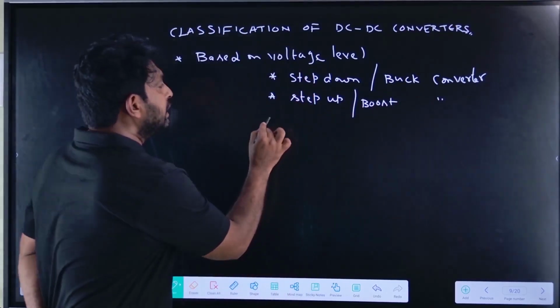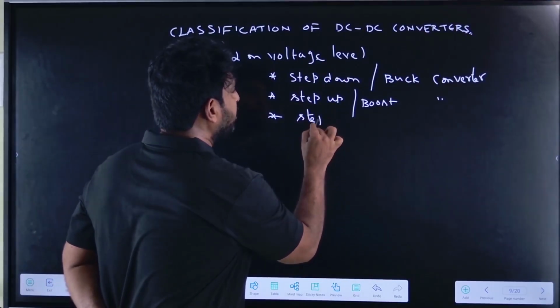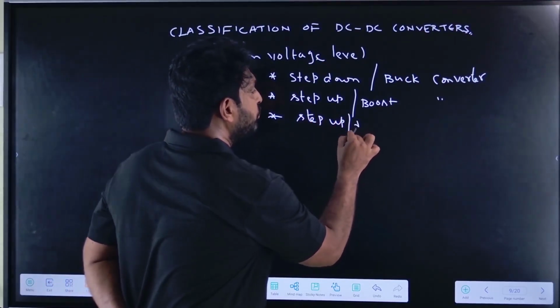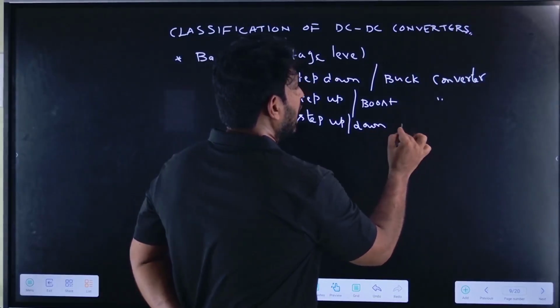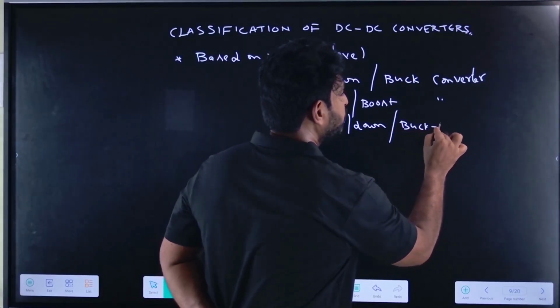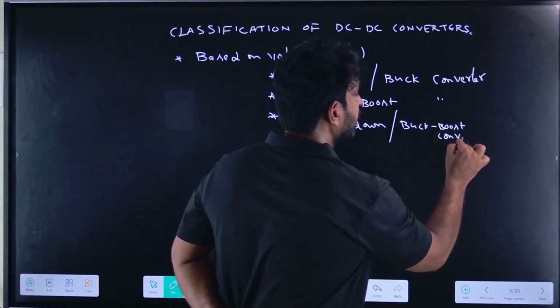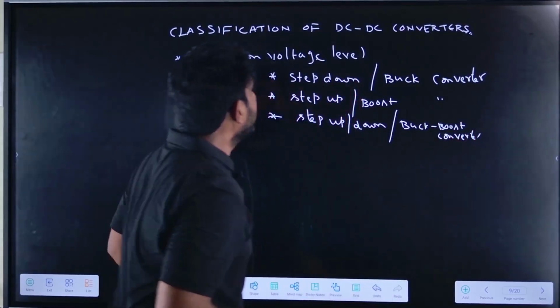The third classification is step up and step down, or buck boost converter.